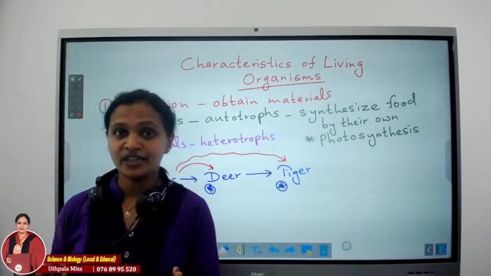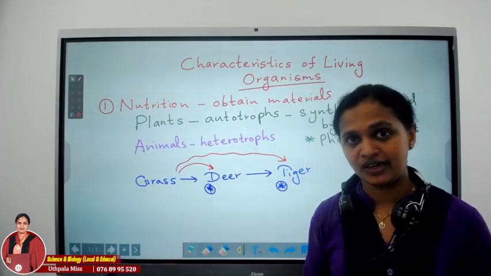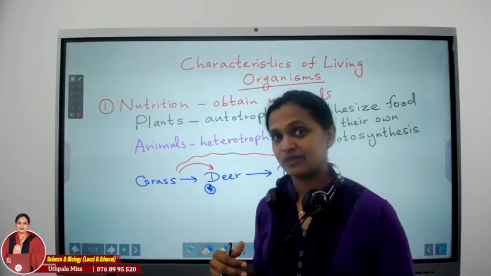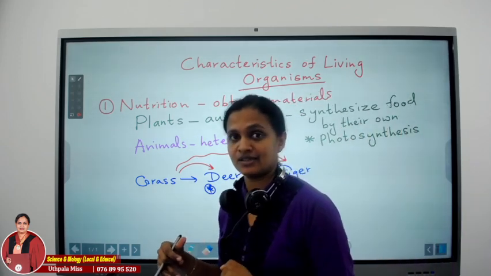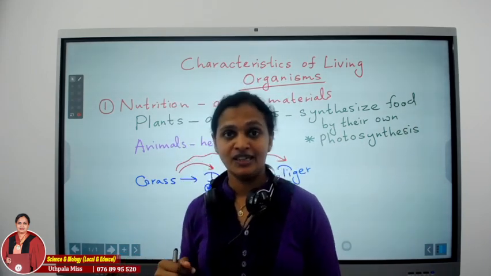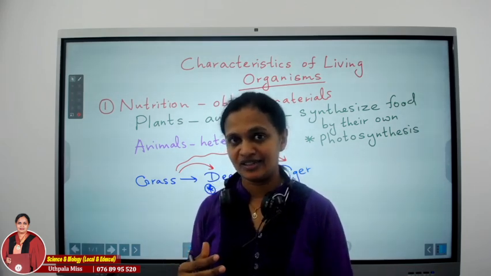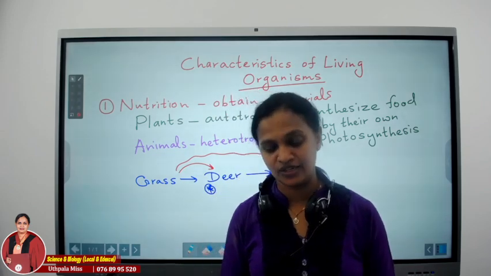Then how do we get energy? We get energy by means of cellular respiration, right? During cellular respiration, the digestive end products, which resulted from nutrition, react with oxygen, producing energy. That is known as respiration.